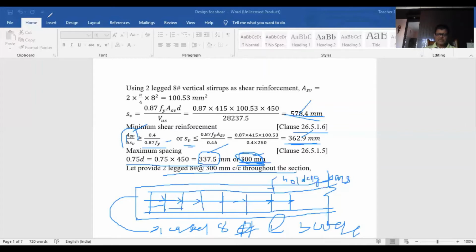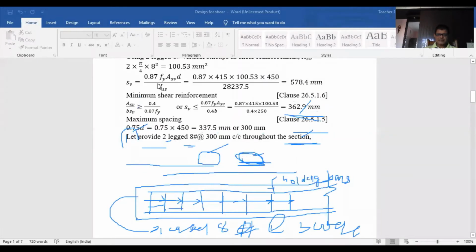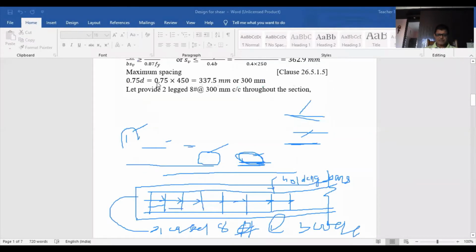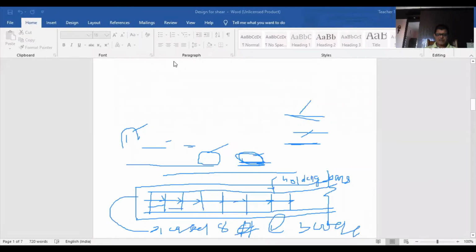Now if you draw a cross section, how does it look? If you take the cross section of this beam at some point, this is the beam cross section.